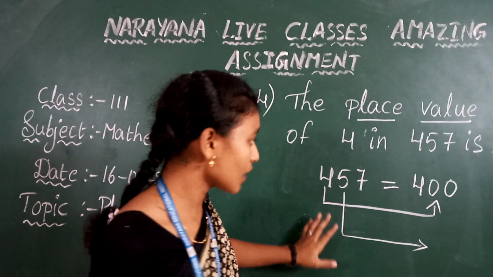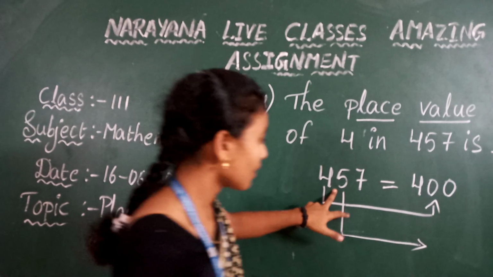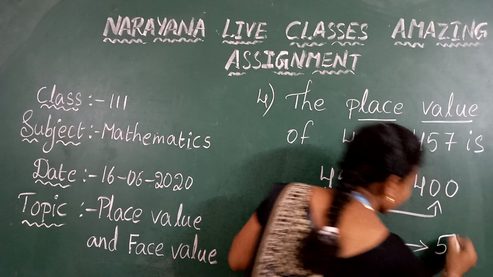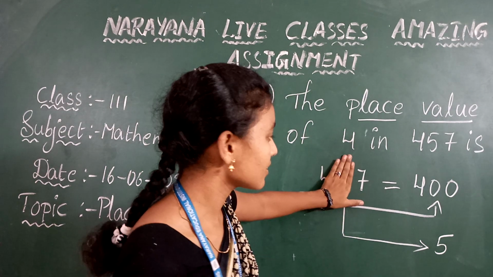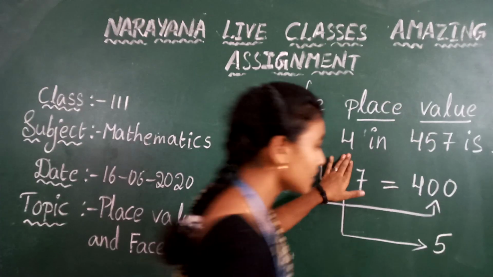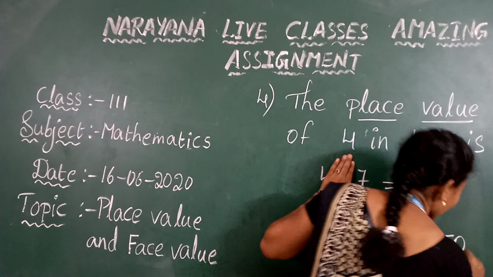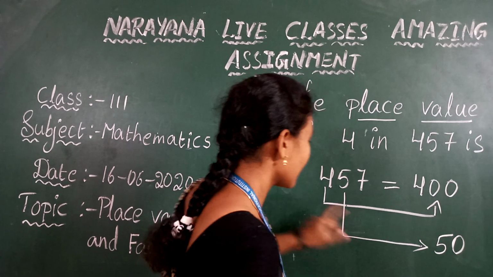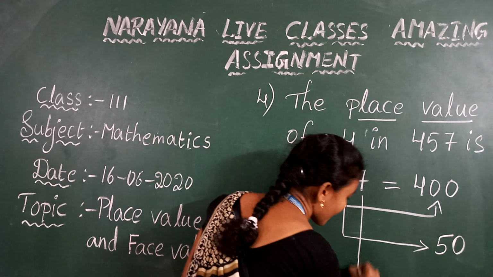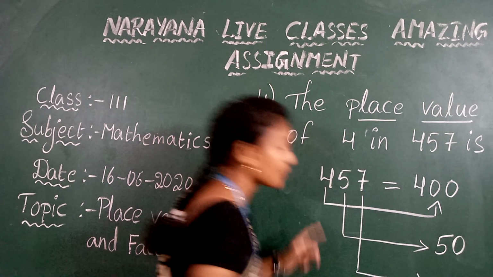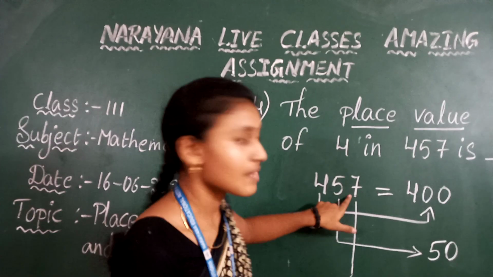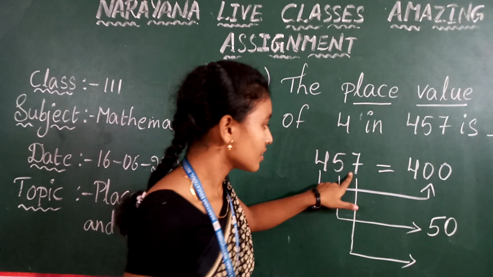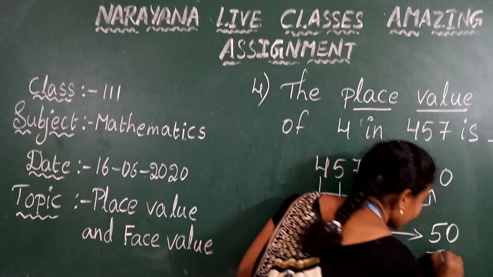Next, 5. To find out the place value of 5, first write 5. Now close 5. Only one digit is remaining, right? So write only 1 zero after 5. Next, if we have to find out 7's place value, first write 7.